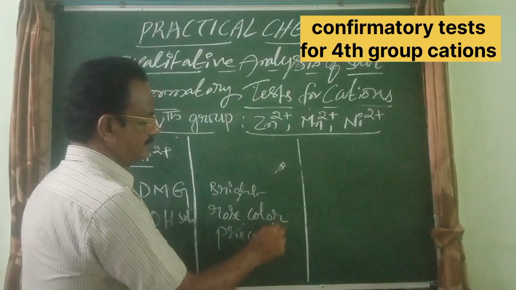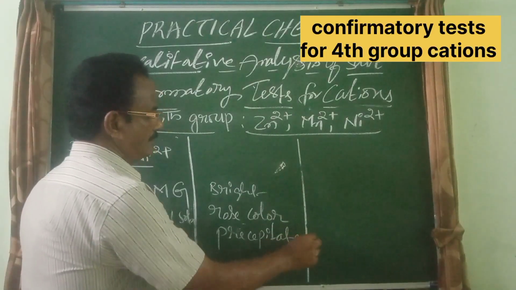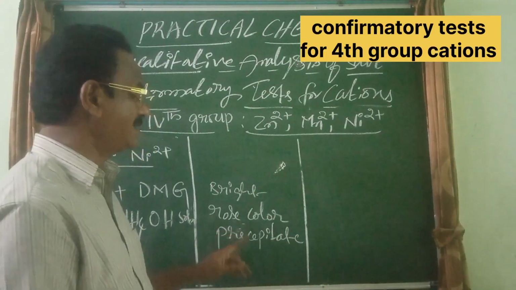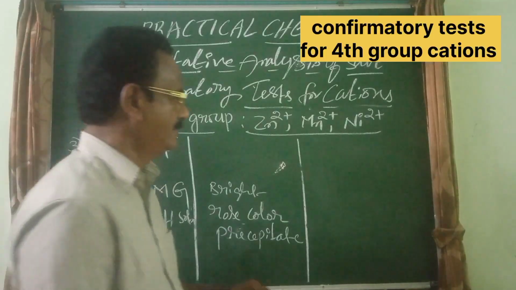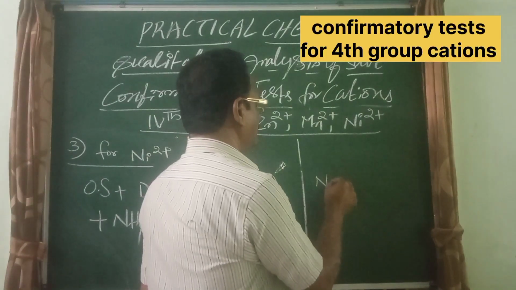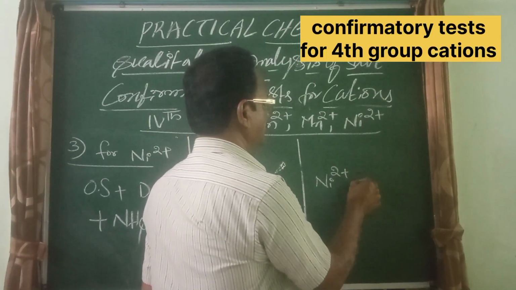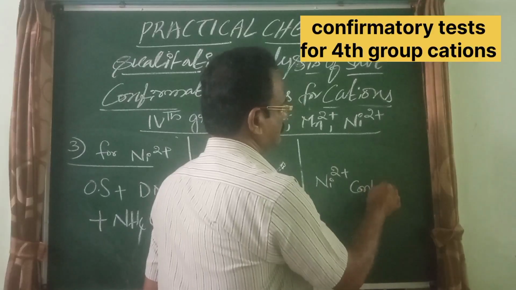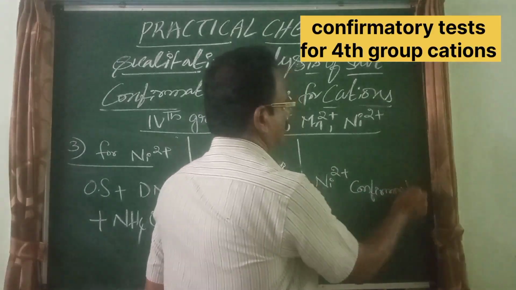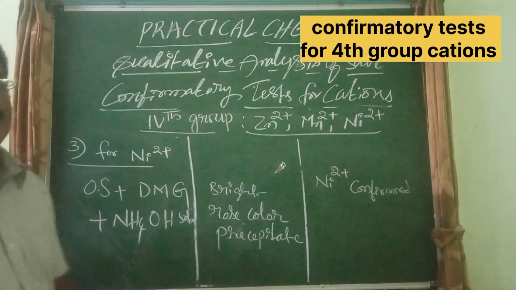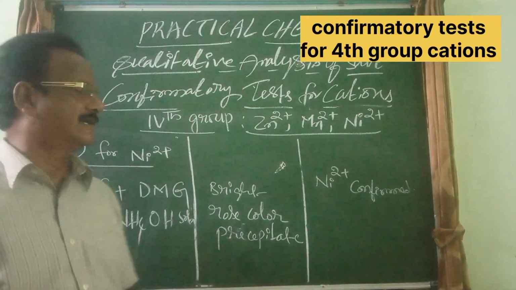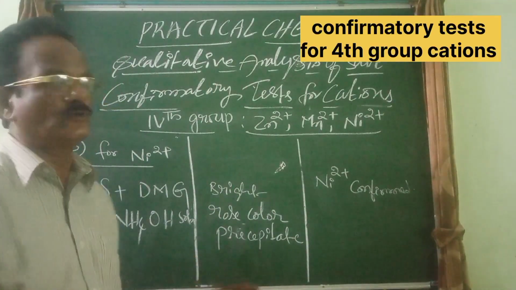Bright rose color precipitate formed. Okay. Then one can confirm the presence of Ni2+. So this is about the confirmatory test for fourth group cations.